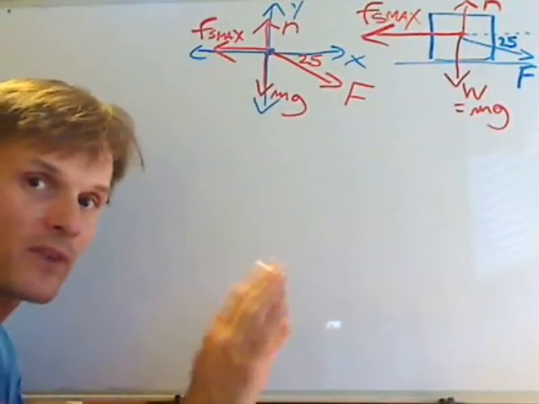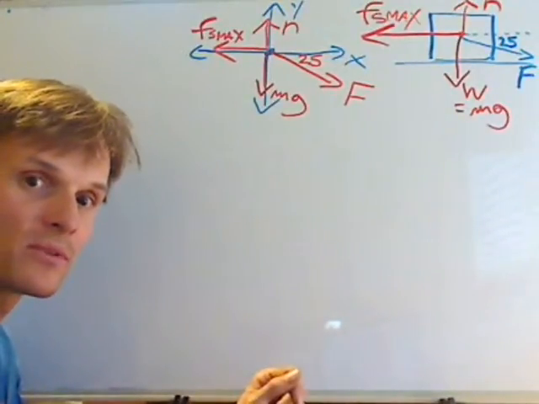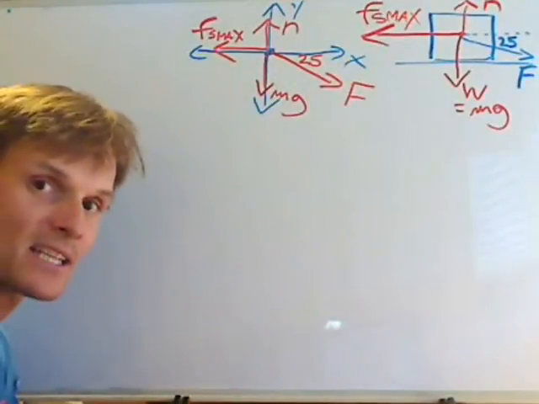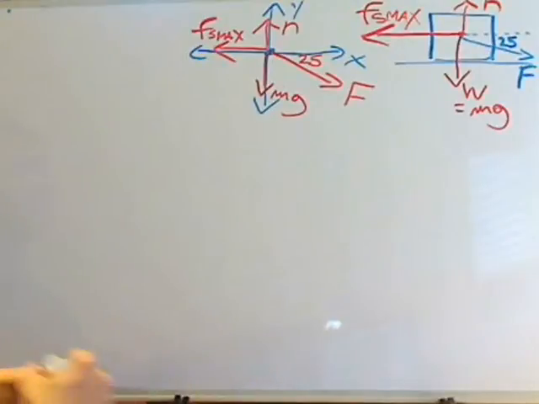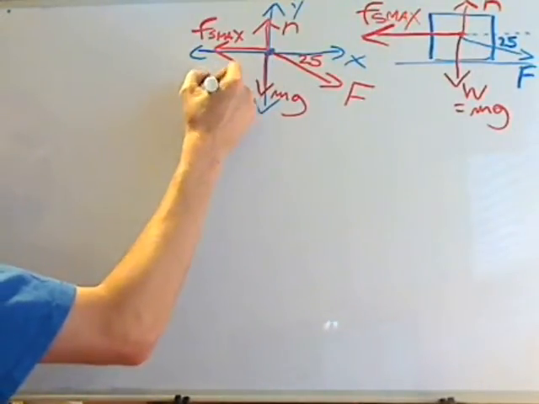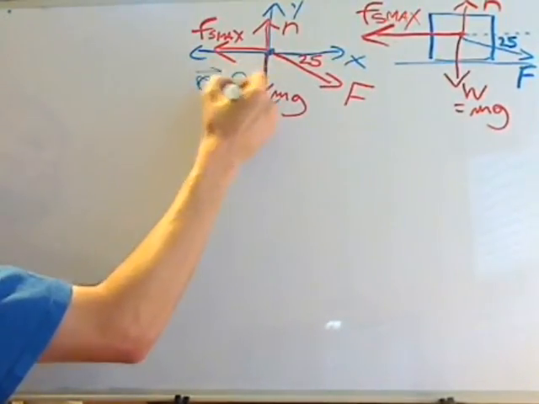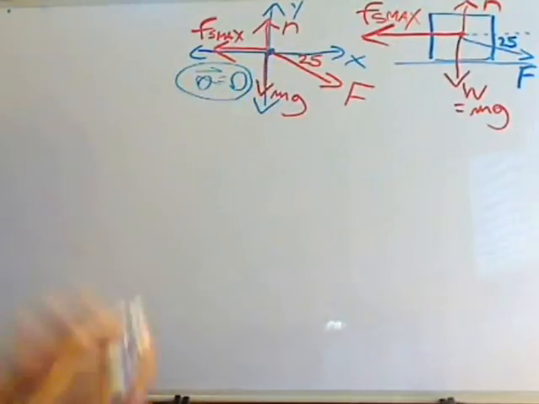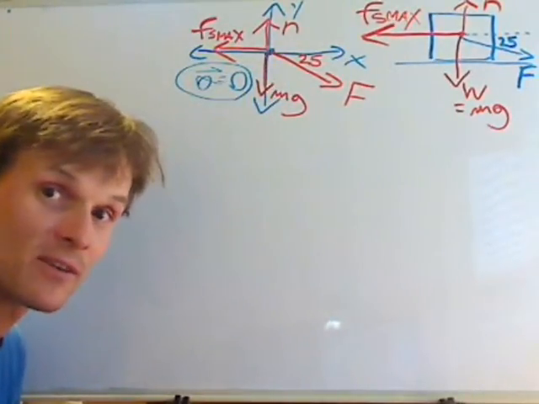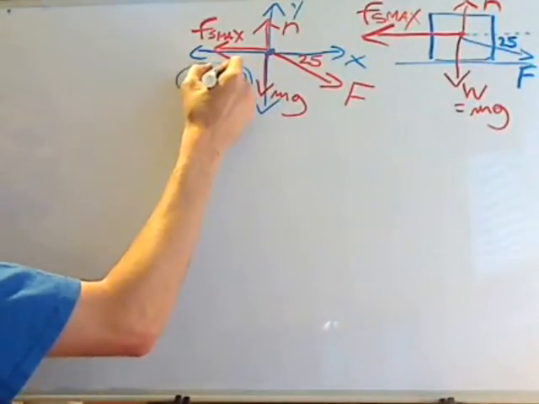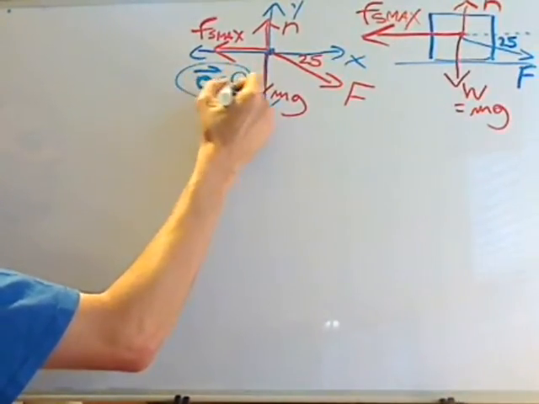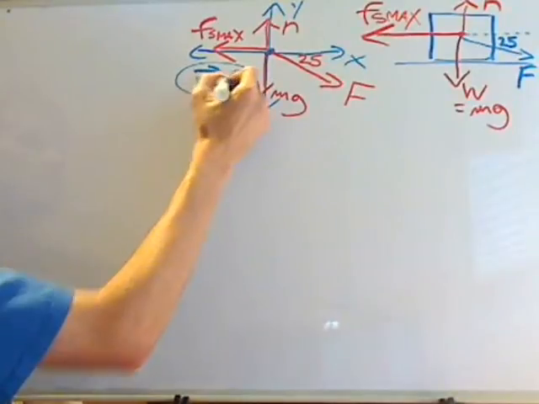So right when we're at the very point when this block is about to move, static friction is at its maximum, acceleration is still 0. I mean, it's just about to not be 0 anymore, but right at this point where we have the maximum force of static friction, our acceleration is still equal to 0.